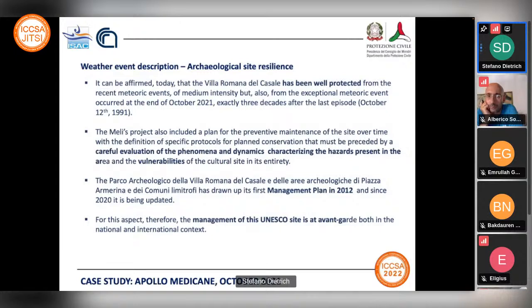Then the archaeological park of the Villa Romana del Casale and the archaeological areas of Piazza Armerina and the neighboring municipalities drew up its first management plan in 2012 and has been updating it since 2020. In this sense, therefore, the management of this UNESCO site is at the forefront in the national and international context.